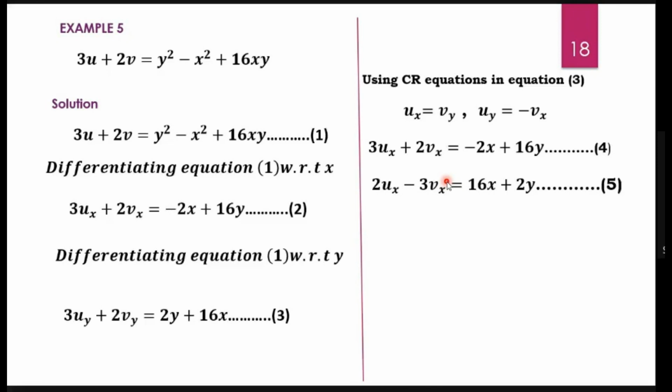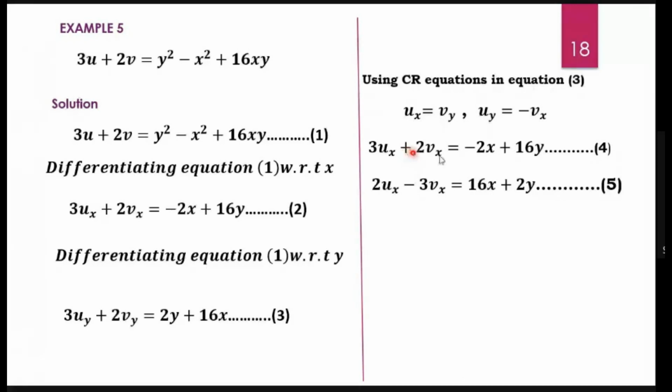We have to make these coefficients the same. So I tried to eliminate vx first. For that, I will multiply the fourth equation by 3 and the fifth equation by 2 and add. Our aim is to solve these two equations simultaneously for ux and vx, so I am trying to eliminate one of the variables, that is vx.